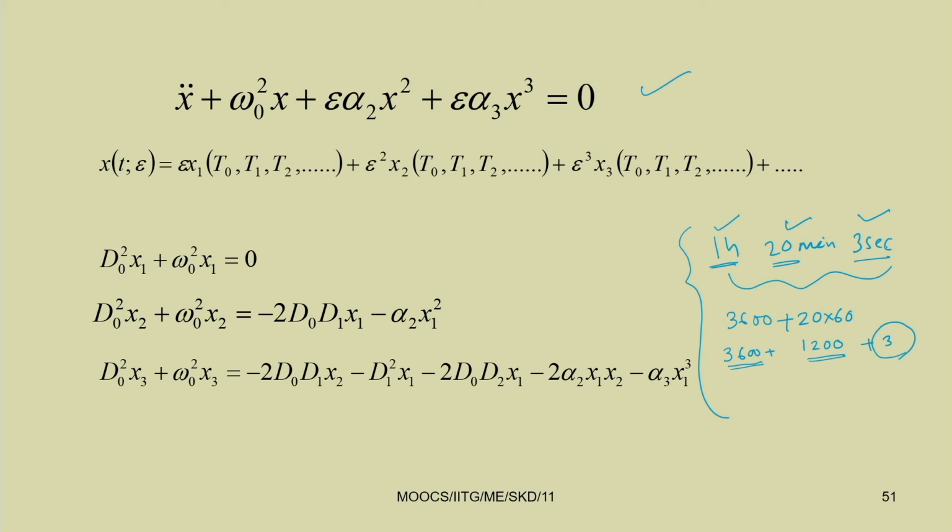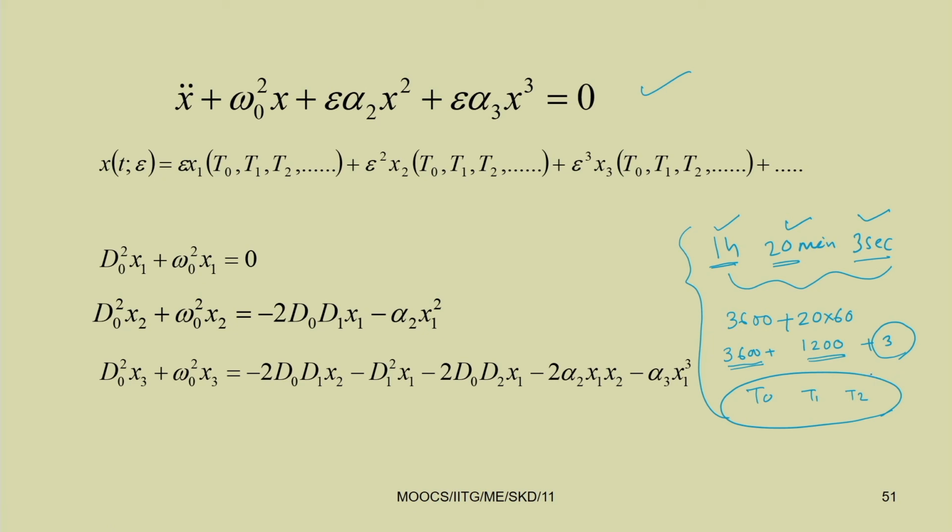Similarly this 3 seconds we state in seconds, so that it gets its prominence as another time scale. Similar to this, we take different time scales, T 0, T 1 and T 2, and by taking different time scales we give importance to each scaling term and we are not neglecting some time scales with respect to the others.